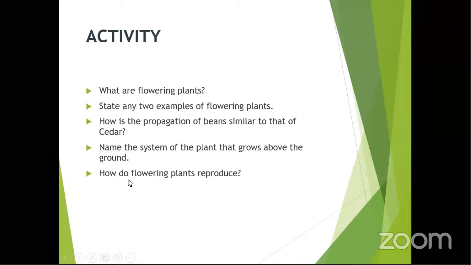How do flowering plants reproduce? As simple as that. So this is what we wanted to talk about today. We wanted to talk about flowering plants, and we said that flowering plants are plants that bear flowers.